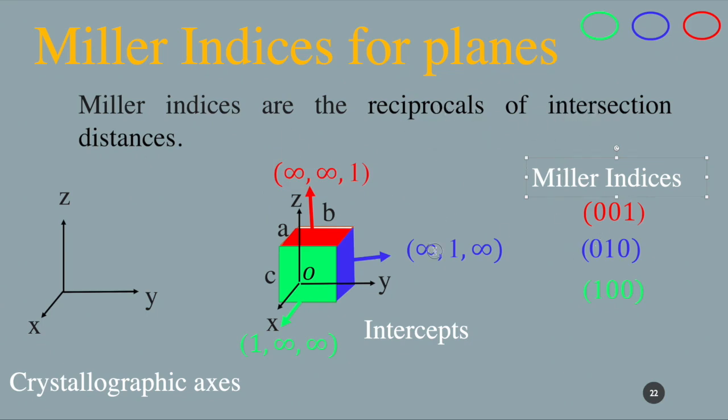The reciprocal of infinity is 0, and of 1 is 1. So the red plane is (0 0 1), and the blue plane is (0 1 0), because the inverse of infinity is 0. And for the green plane, we have (1 0 0).